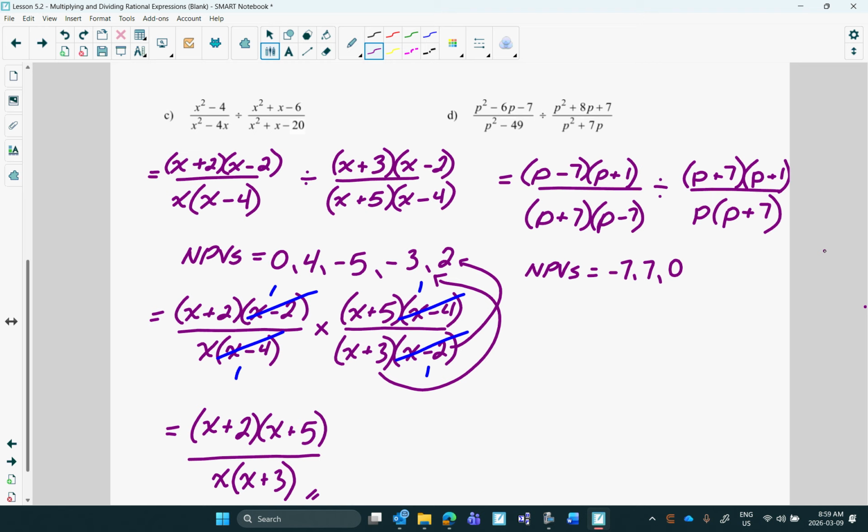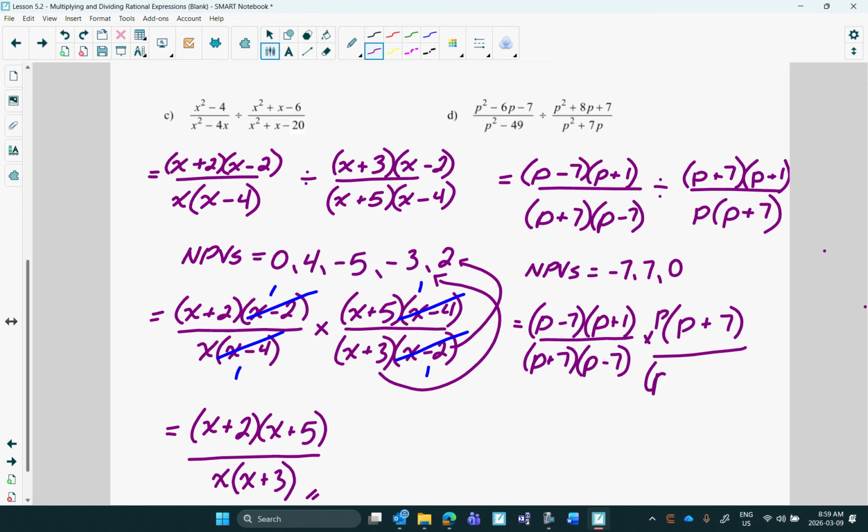Okay. And now we've got to change it to multiplication. For any new NPVs created, -1.